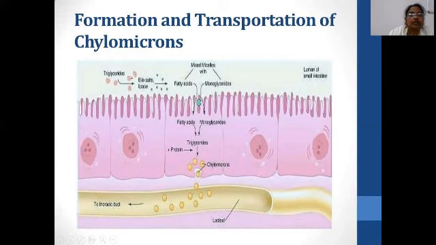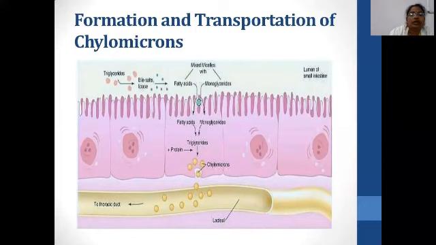The triglyceride molecules, which are pink in color, along with bile salts and the lipase enzyme. After the action of this lipase, you get fatty acids, and these fatty acids mix with monoglycerides.